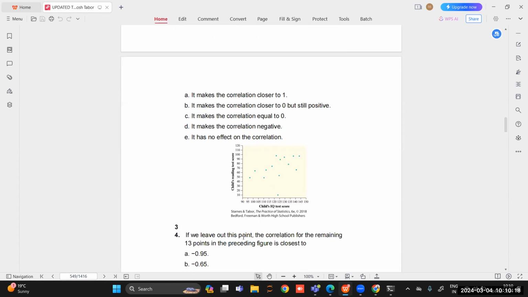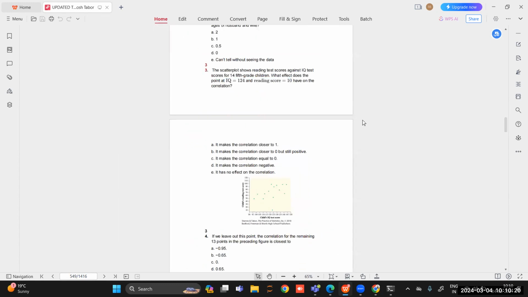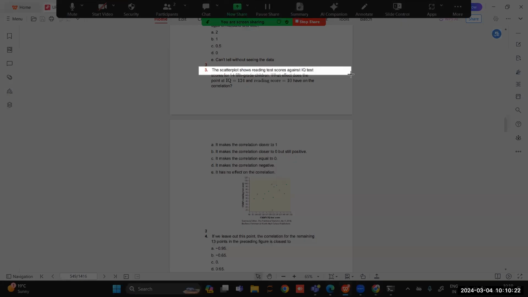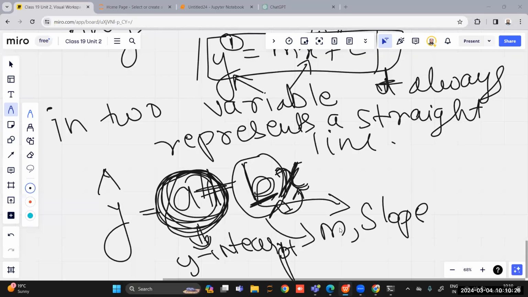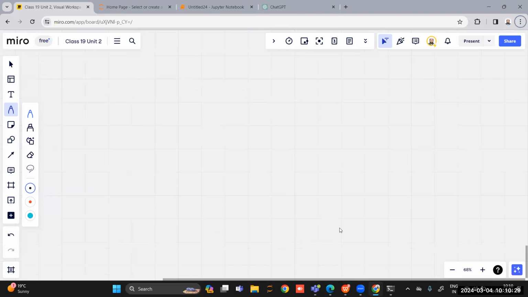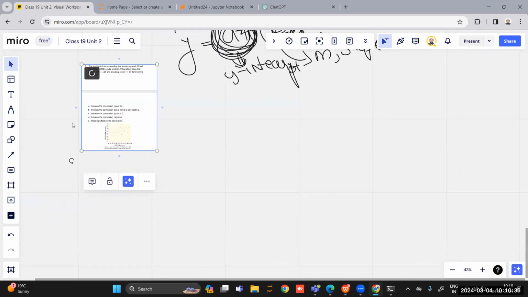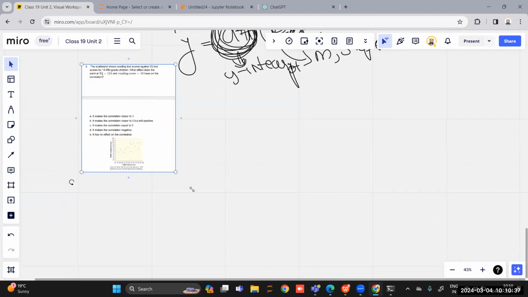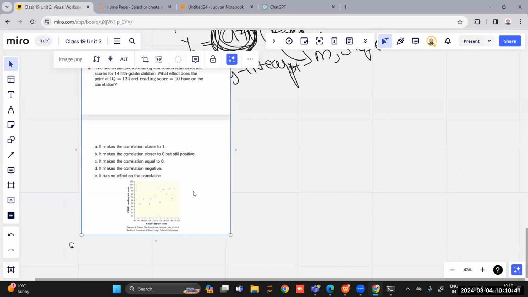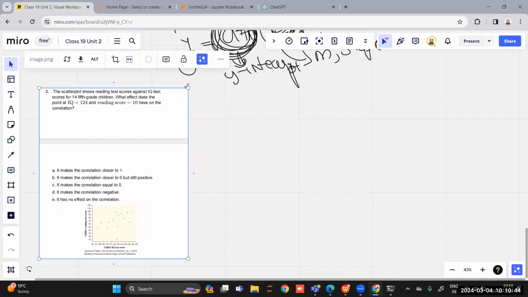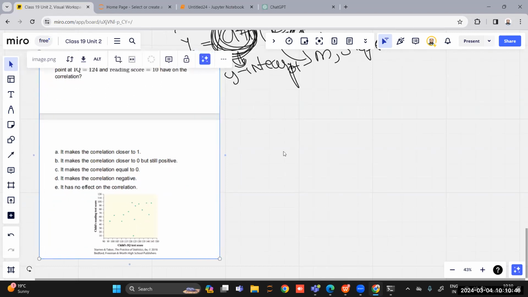I'll take this data on our board so it will be more clear for you. I'll explain the question also. These questions can come in the test. If we add it, I think it's going to be closer to 0 but still positive.